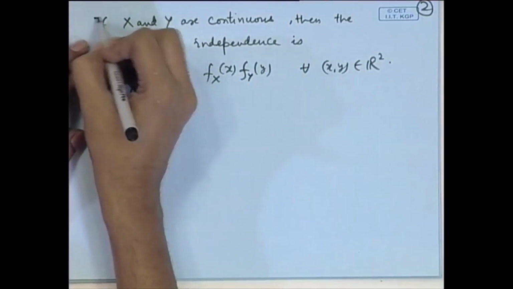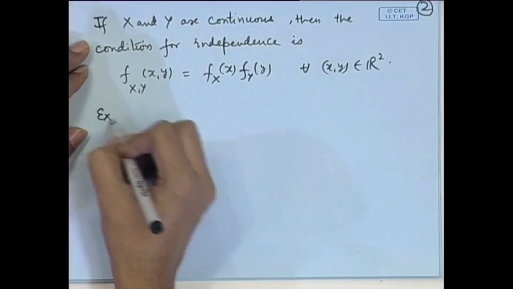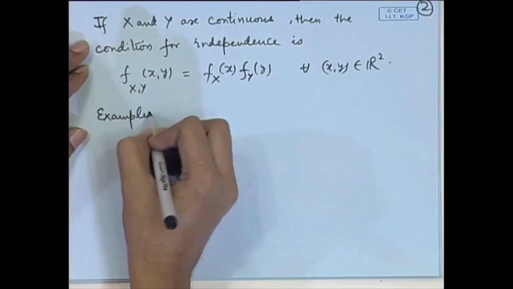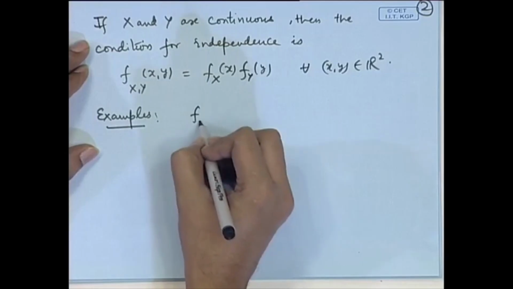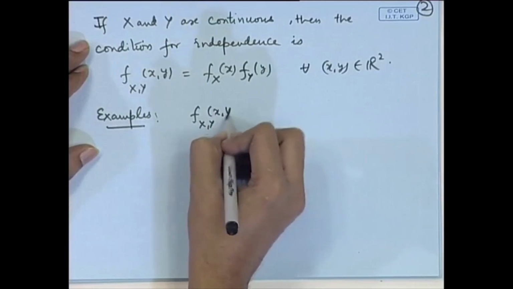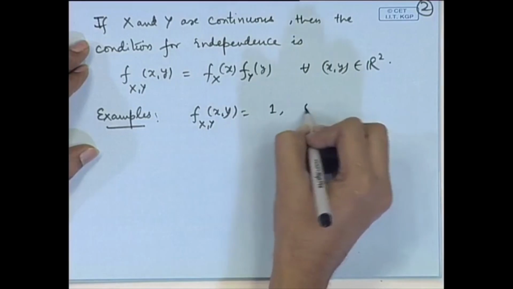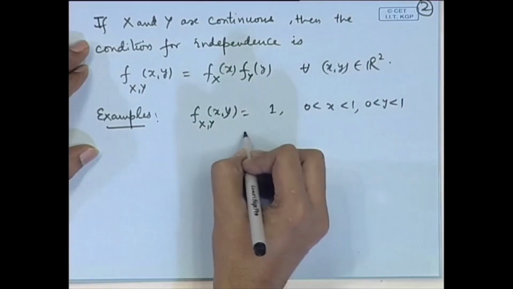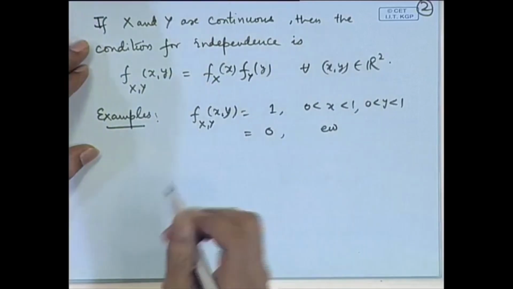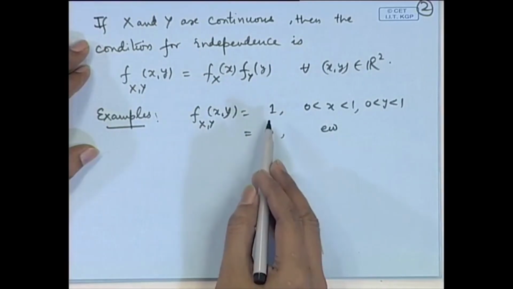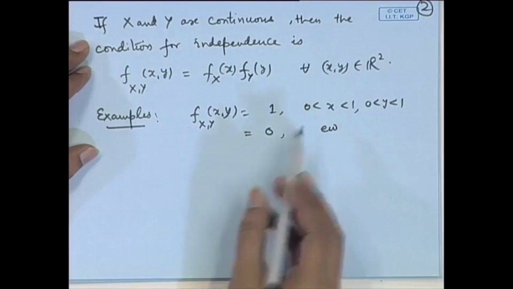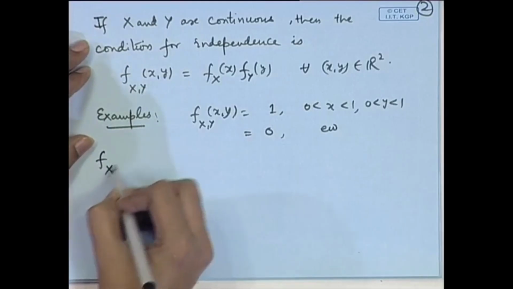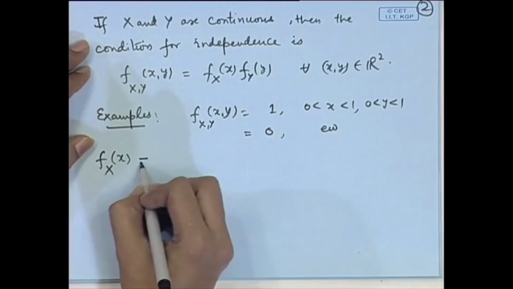Let us take some examples. Let f(x, y) be equal to 1 for 0 less than x less than 1, 0 less than y less than 1, and 0 elsewhere. Now, this is a jointly distributed continuous random variable. Let us consider f_X(x).